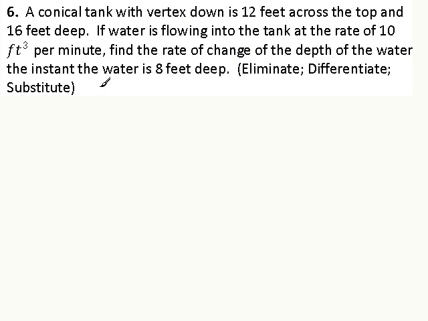Number 6 is another cone problem, so let me write down the volume of a cone. Okay, so a conical tank with vertex down. This time the picture looks like this. The vertex is down.